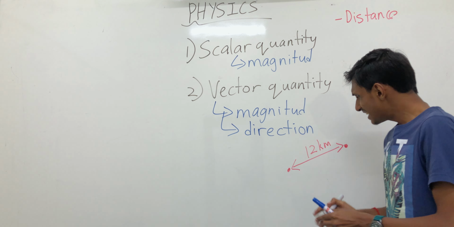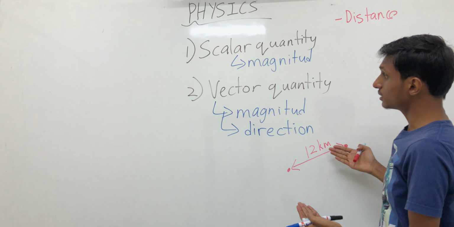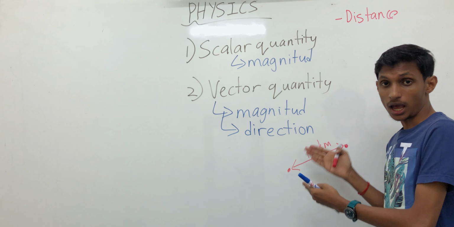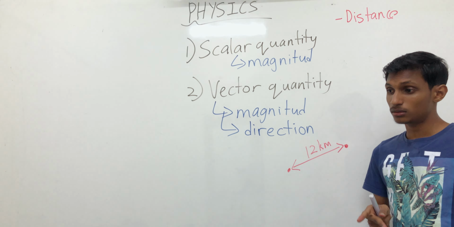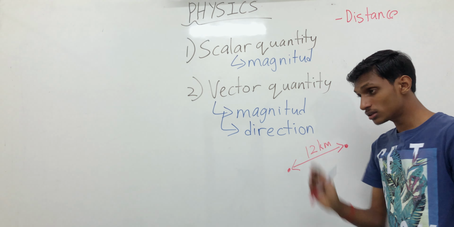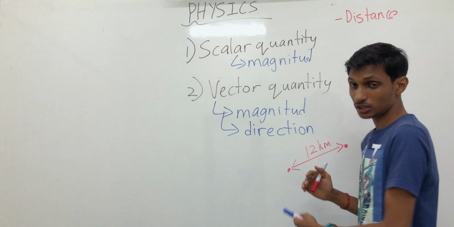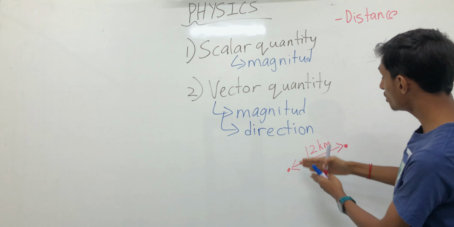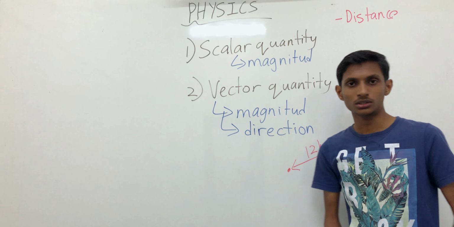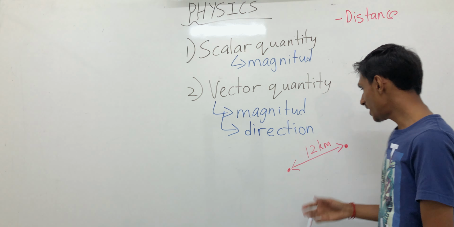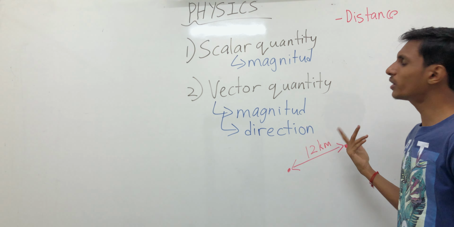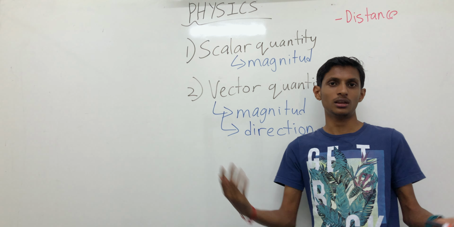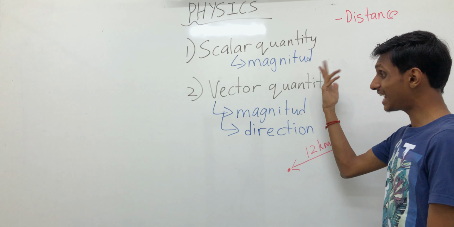Does this require a direction? If you want to go straight, right, left, that's a direction. But do we need direction in order to understand this quantity? You don't really need to. You can just know, okay, it's 12 kilometers. So it's very straightforward. You don't need any direction.